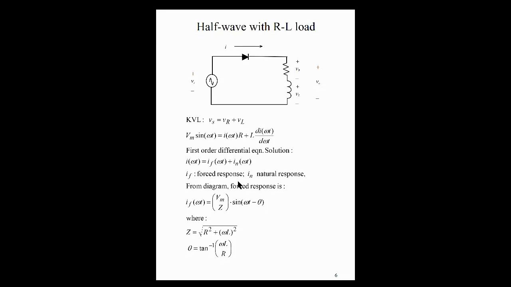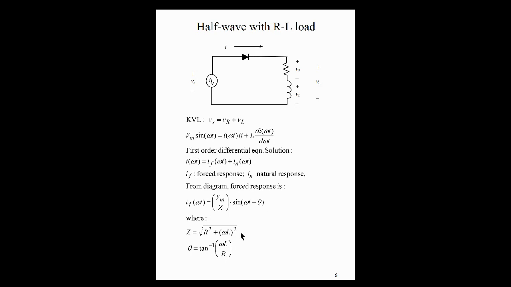So our current is just the peak divided by the impedance, and we'll have some phase shift here, because it's impedance that we're talking about, where we have an inductor in the circuit. So a phase shift, let's call it theta.